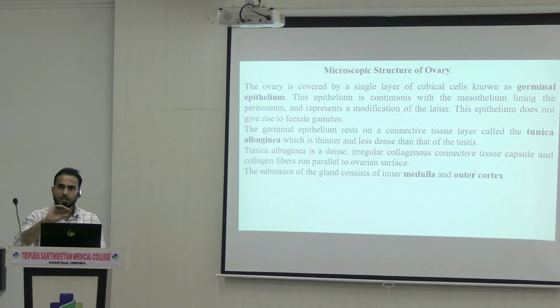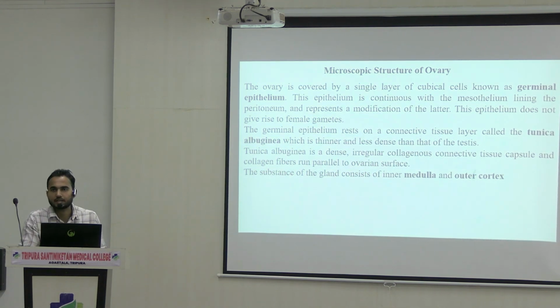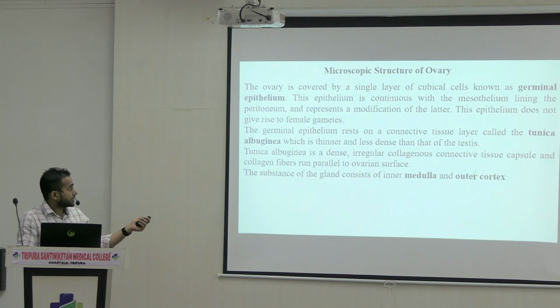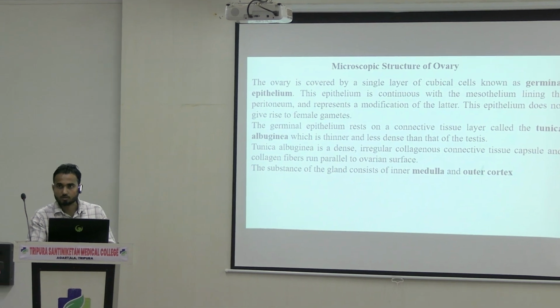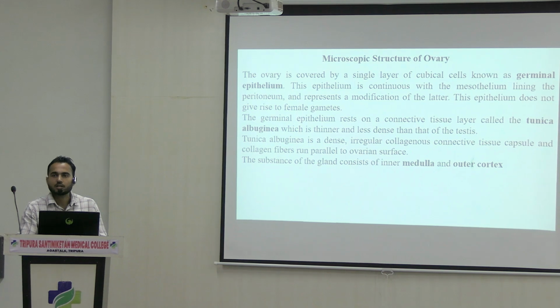So the outer part of the cortex is lined by a single layer of cuboidal cells. These are called the germinal epithelium. This germinal epithelium is continuous with the mesothelium. What is this mesothelium? Mesothelium is nothing but the cells of the peritoneum.